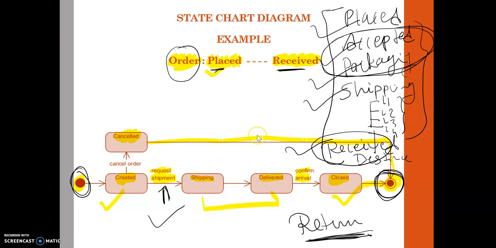So this is a good example of a state chart diagram from where you can identify the different states, transitions, right, different things. So try your own with some other example with another process. So that's it for state chart diagram.